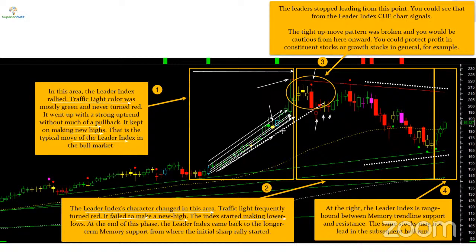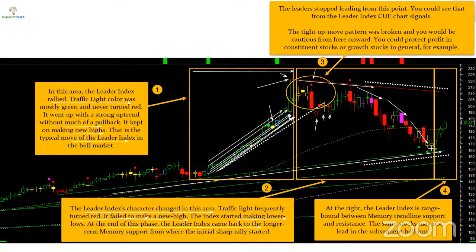In this area, there was no lower low, but after the peak, traffic light color started becoming red, started making lower lows. At the end of this phase, the leader index in fact came back to the very long-term memory support.